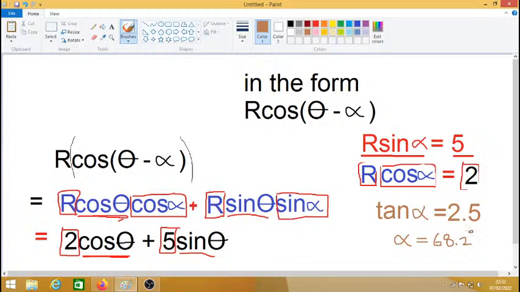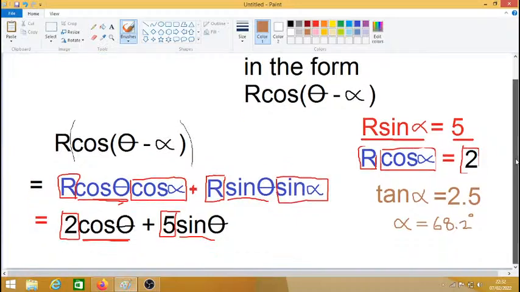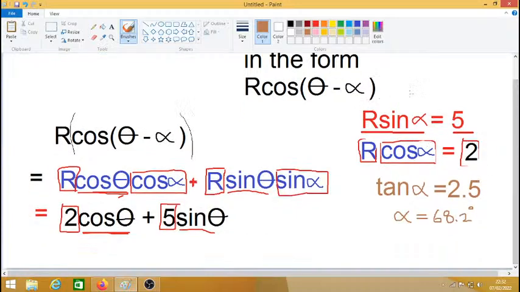Rounded off. And then you can put that alpha back into any one of the first two equations to figure out what r is. But another method, which is quicker, is you can use Pythagoras on the 5 and the 2.